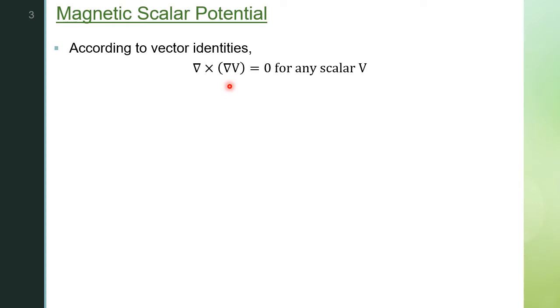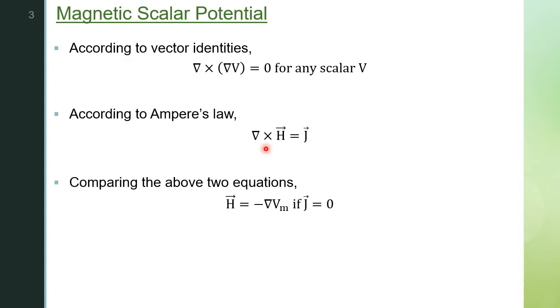Now, when you consider Ampere's law, the closed integral H dot dl was equal to I, and the point form was given by del cross H equal to J. If you compare the two equations, we get H to be the gradient of a scalar if J equal to 0. So, we can conclude that H equal to minus del Vm if J equal to 0.